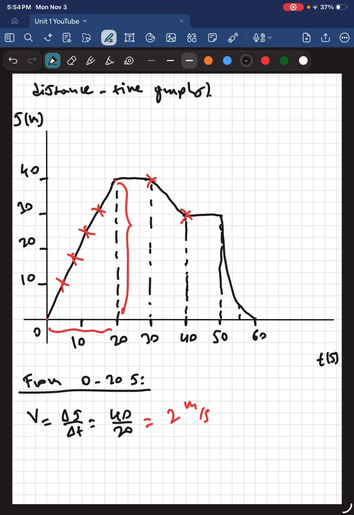If they ask you that, you have to take the tangent at 55 seconds and then calculate the gradient of that line. Notice that the gradient is negative, meaning that the object is moving backwards still, but then eventually the gradient here becomes 0, which means it comes to a stop pretty much.